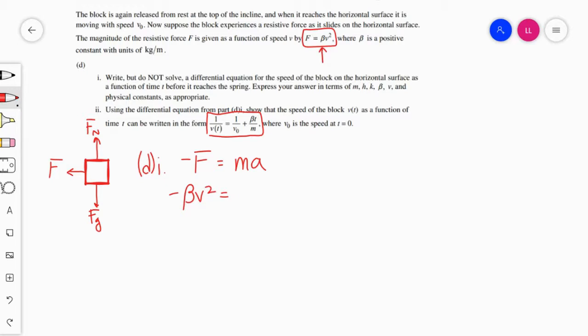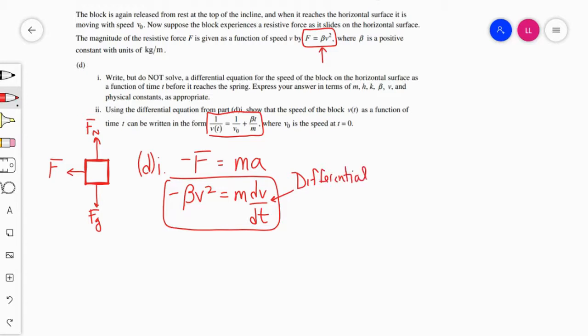And so now we're going to plug in our dv dt to replace our acceleration. This is really the answer, because remember, this right here is our differential, and that's what they mean by a differential equation. Don't go separating that yet, because that's not what they're looking for here.